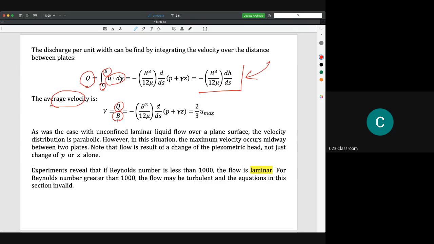So we will get it equal to 2/3 u max. This is the common assumption used in undergraduate courses. We could make a fast calculation of the average velocity by taking 2/3 u maximum.